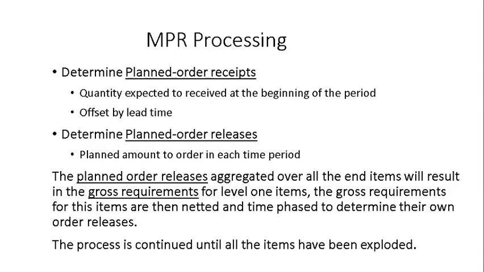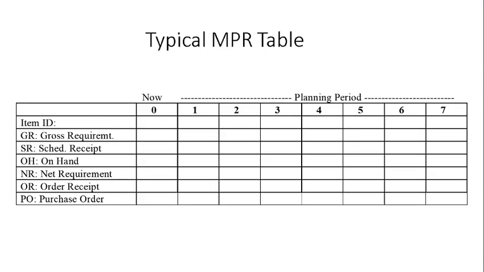However, it is a dynamic process because, for example, a typical MRP table shows that we need to fill all those boxes for the period that we are going to plan. It might be weeks, it might be days or months, and all the previous items, as we said: the gross requirements, the scheduled receipts, the on-hands, net requirement, order receipt, and purchase order.